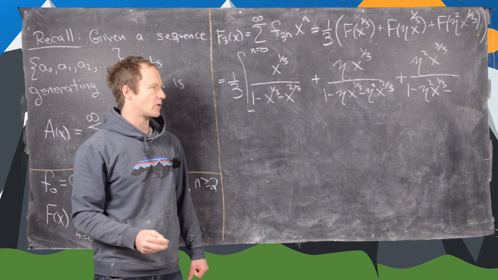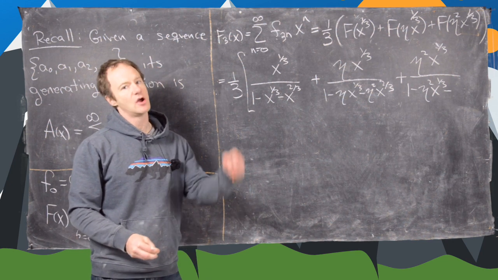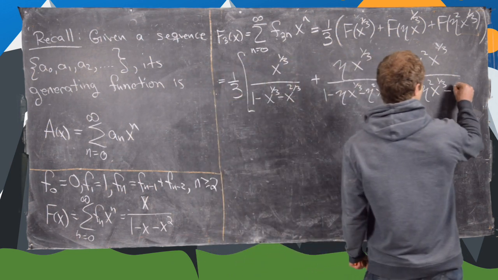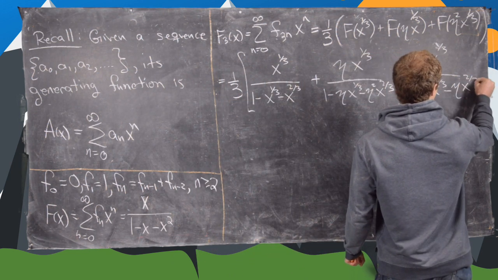But notice eta to the 4th power is eta cubed times eta. We know eta cubed is 1, so that's just going to be eta x to the 2/3.